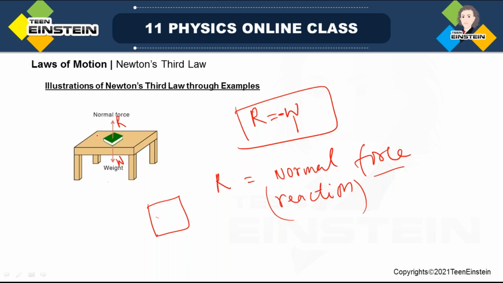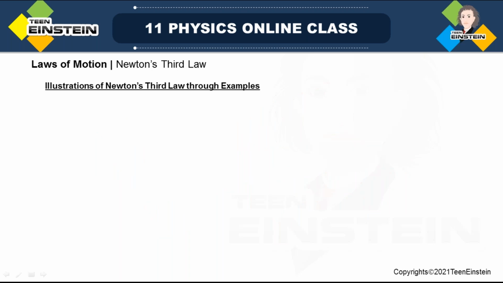So neither is the book breaking the table nor is it flying off, because there will be no net force on the book, due to this normal force and weight acting as action and reaction. Since action and reaction were acting on the same object, there was no net force.